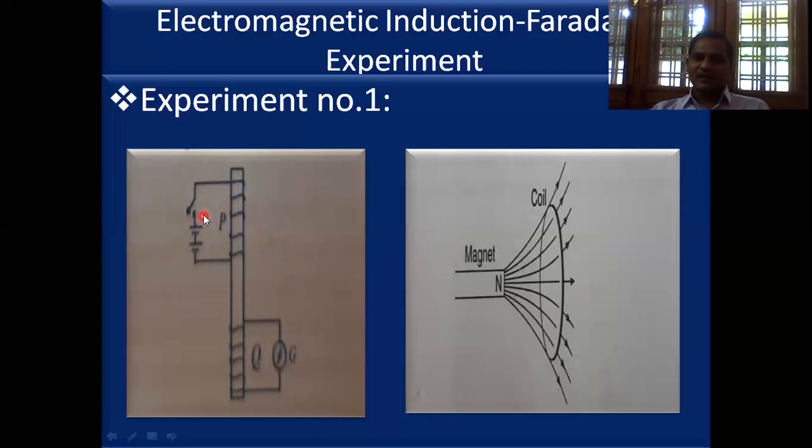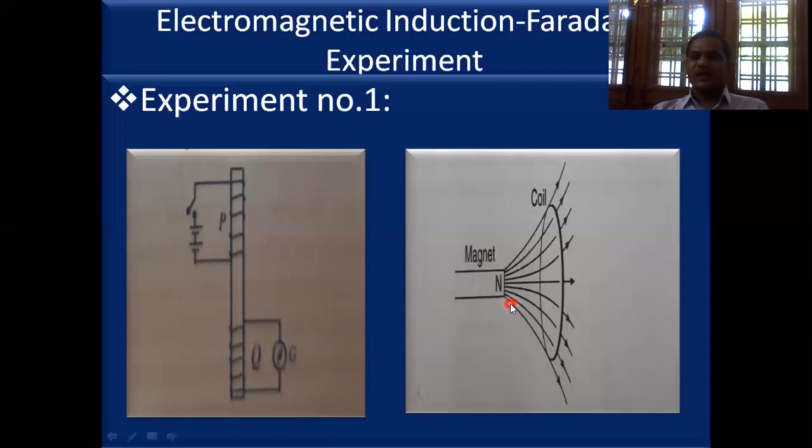So when the current is changing, either increasing or decreasing, the varying magnetic field linked with the secondary coil, that is the varying magnetic flux or flux density, gives us the deflection in the galvanometer. These are the results found by Faraday in 1831.